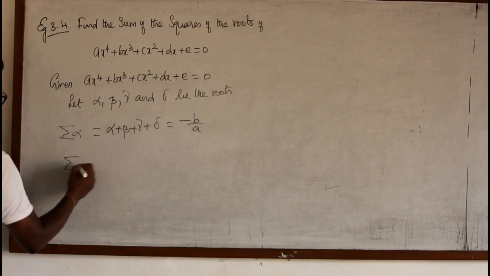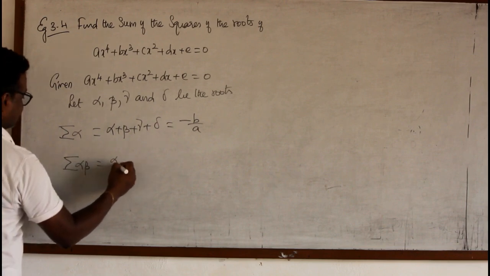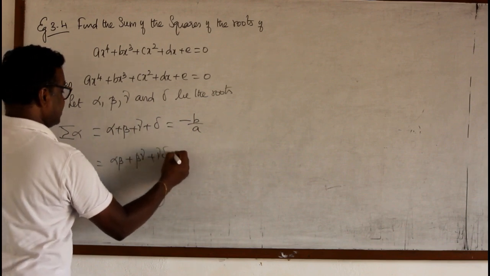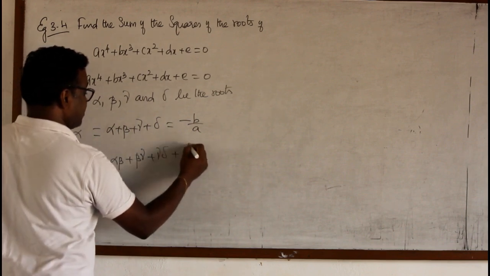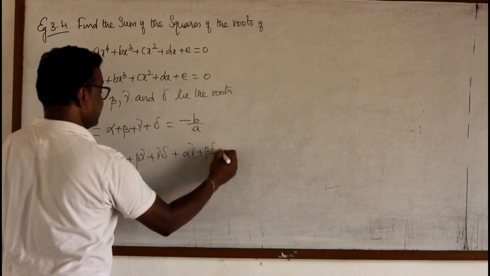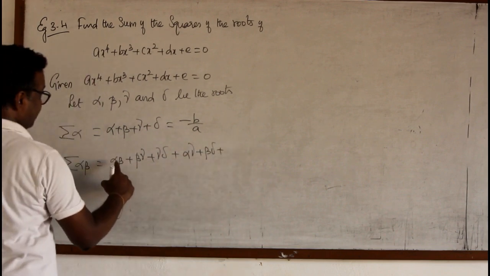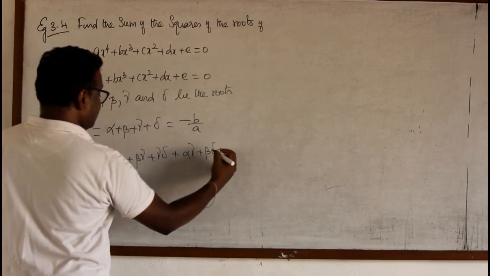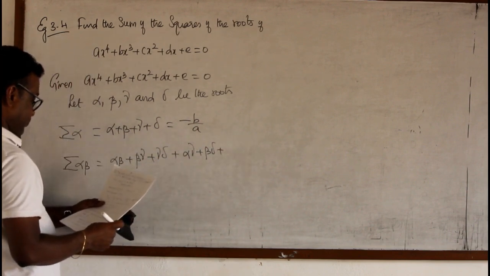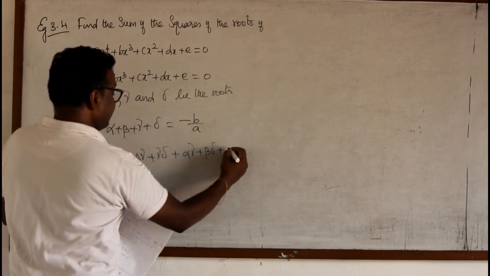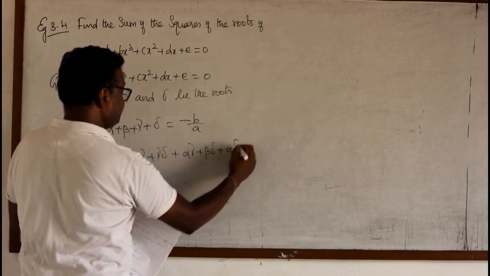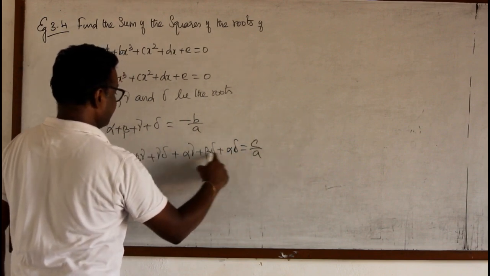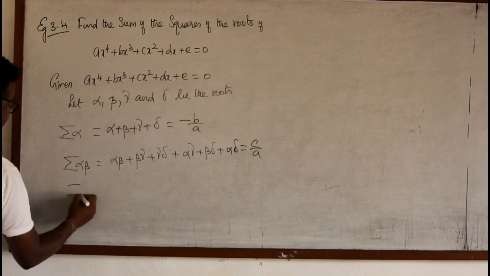Then the sum of the products of two roots is alpha beta, beta gamma, gamma delta, alpha gamma, beta delta, and then we need 6 roots. 1, 2, 3, 4, 5. One more is alpha delta. This is our c by a. Totally must have 6 roots.